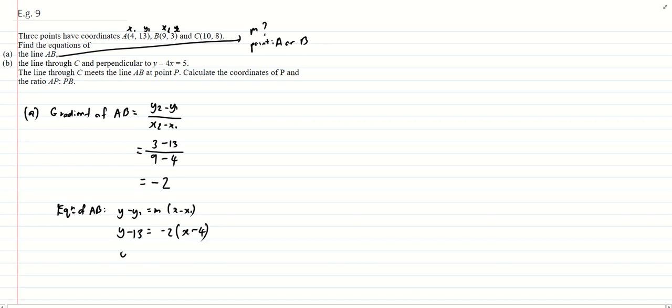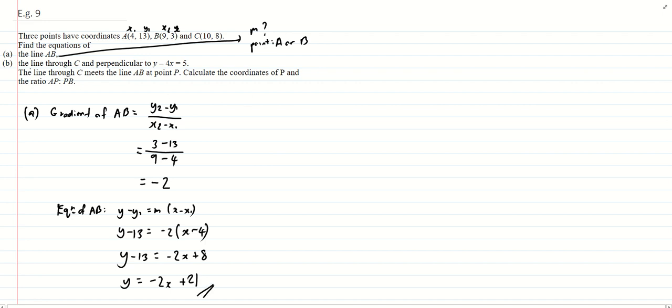Simplifying, I get y minus 13 equals negative 2x plus 8. To get rid of the 13 on the left hand side, I add 13 on both sides. I will have y equals negative 2x plus 8 plus 13, which gives me 21. And I'm done for part A.